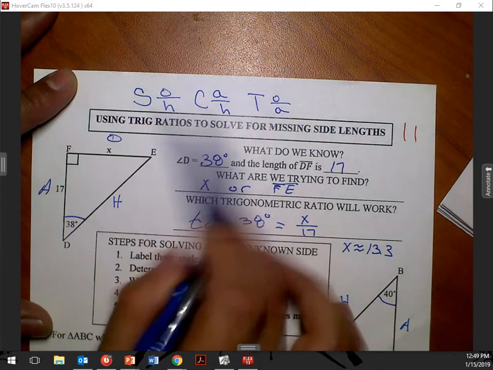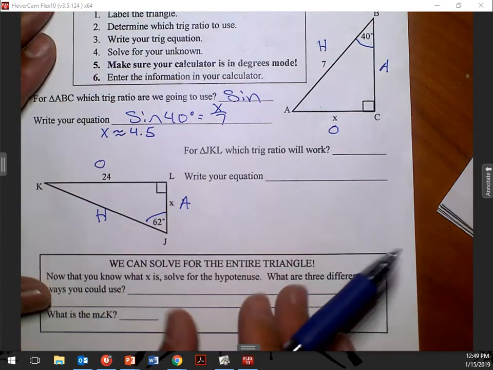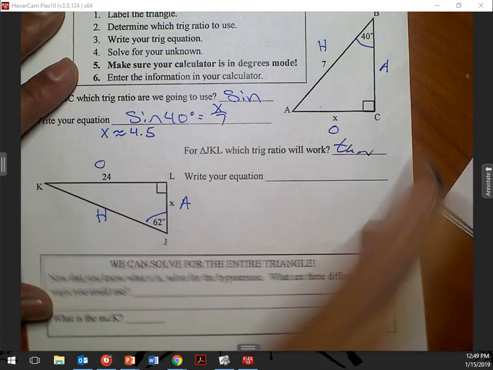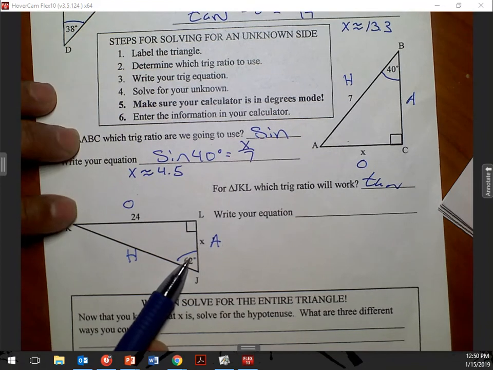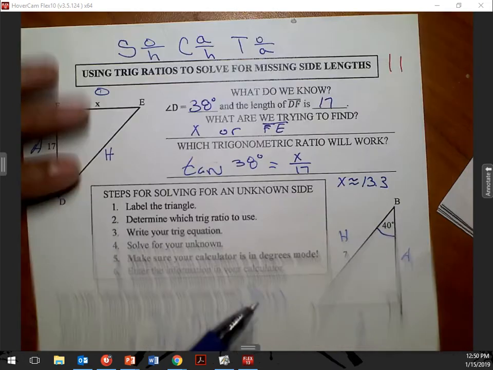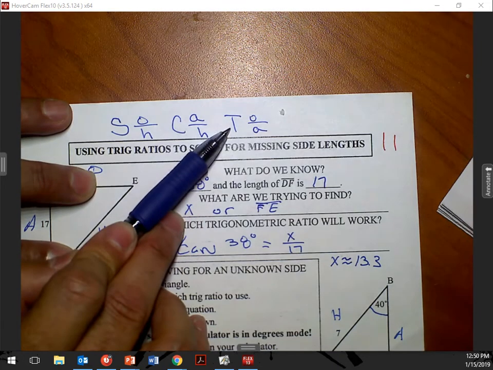Okay, did you write this down? Yeah. Okay, all right, good. Because right here, from here, I have the opposite, right? And I'm looking for adjacent. So opposite and adjacent together is going to be tangent.